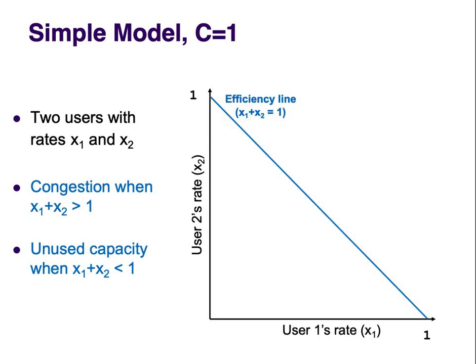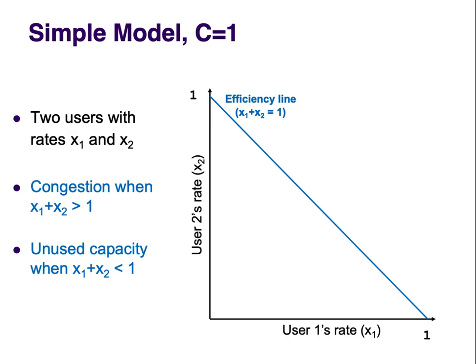So on this graph, if you look at the line, where is the line where x1 plus x2 is equal to 1? That's this blue line that we have here. Okay, we call this the efficiency line. If you're at any point on this line, we have perfect efficiency. We're completely using the capacity of the link.